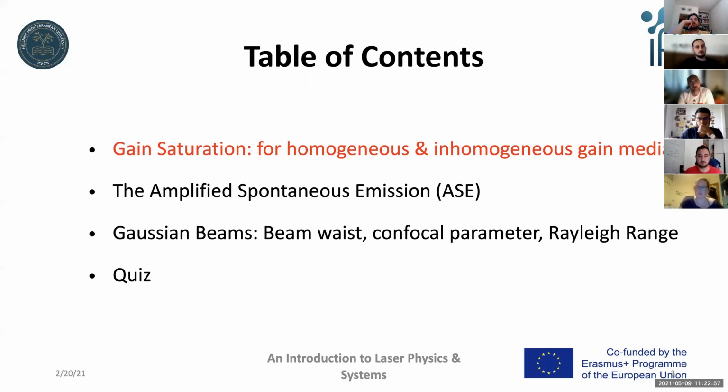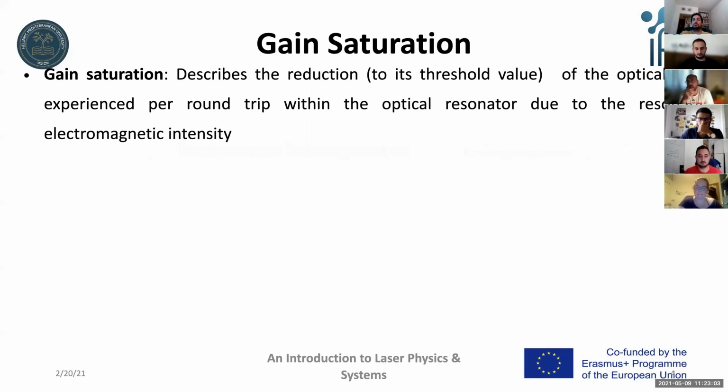So let's see how the gain saturation affects both of the laser media that we can experience. As I said, the gain saturation is like the clamping of the gain to its threshold value. At the beginning, we pump as hard as we can. We build a population inversion much higher than the population inversion that corresponds to the threshold.